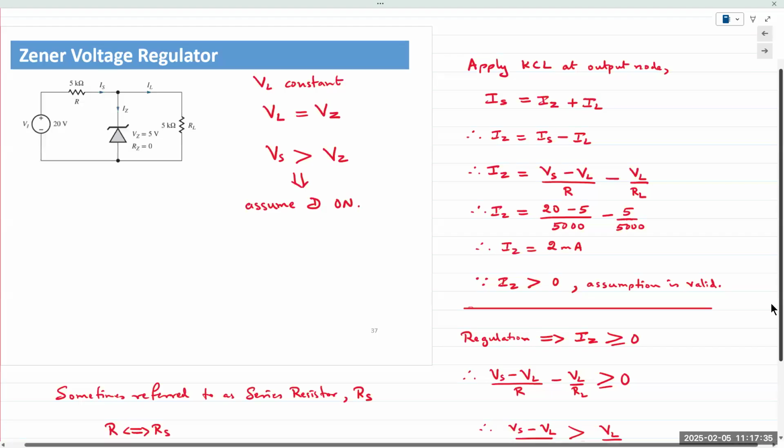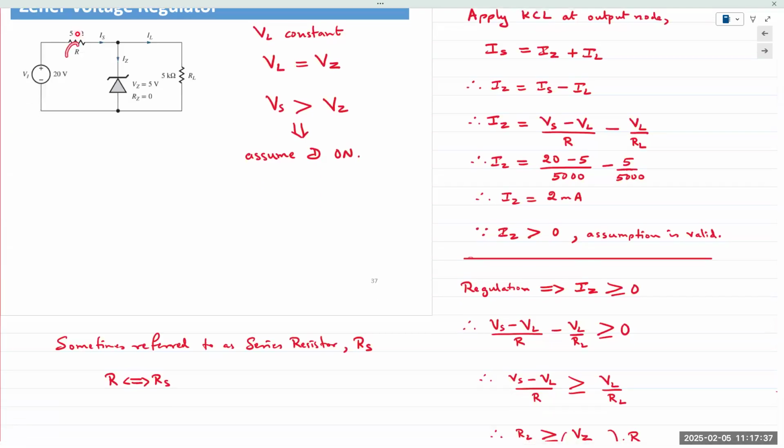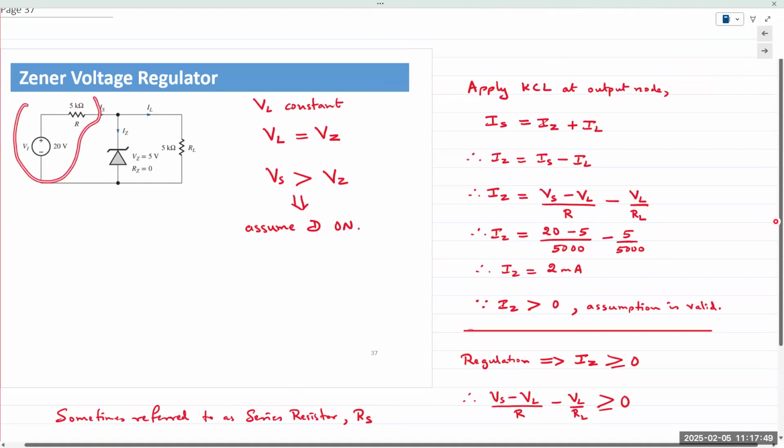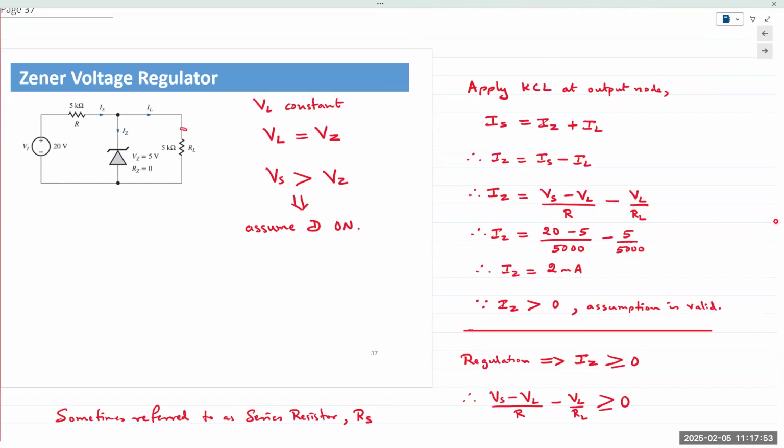Sometimes this resistor R is also referred to as the series resistor RS. So we have a voltage source, a current limiting series resistor of R, and a load resistor RL on the far right. And we wish to regulate the voltage that is supplied to RL.